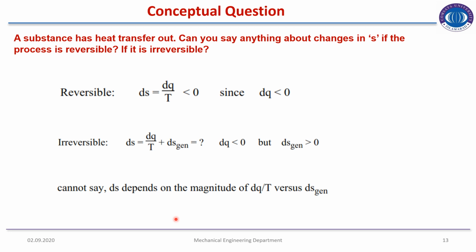We cannot say directly about the magnitude of both terms individually, but we know that dQ by T represents the entropy transfer and dS gen represents the entropy generated during the process due to irreversibility.